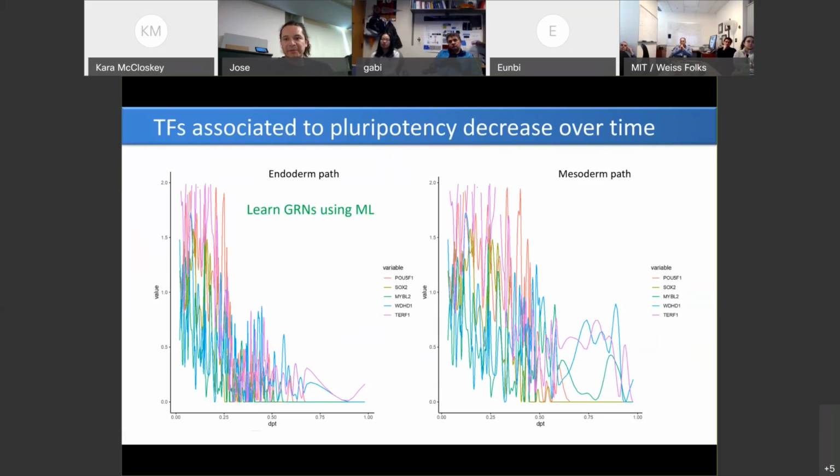If we flip time around, we would be looking at dynamics in de-differentiation, going from differentiated cells to iPS. The reason to do that is that in iPS cells, the gene regulatory networks are fairly well established. So we would have a gene network control that we could aim for, or develop algorithms so that they can reconstruct iPS gene regulatory networks.